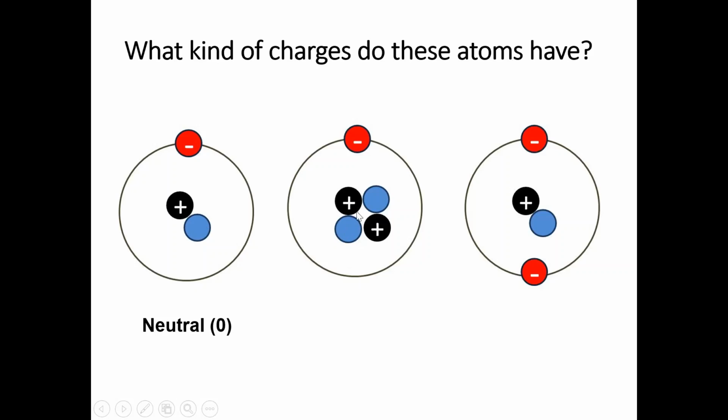This one, we've got 2 positives in the middle. These 2 are worth nothing. And then 1 negative. So what kind of a charge would this one have? When you add 2 positives and 1 negative, it would add up to a positive charge because it would have an extra positive in there.